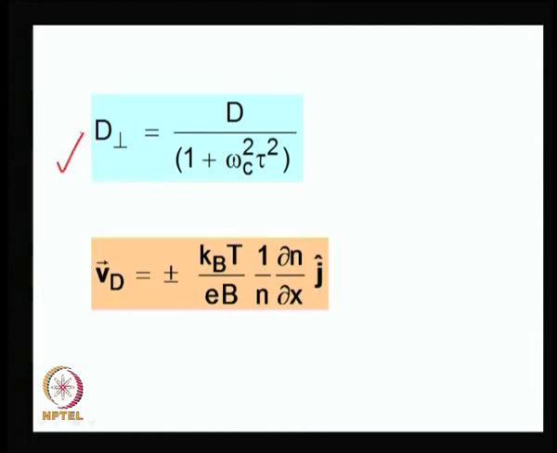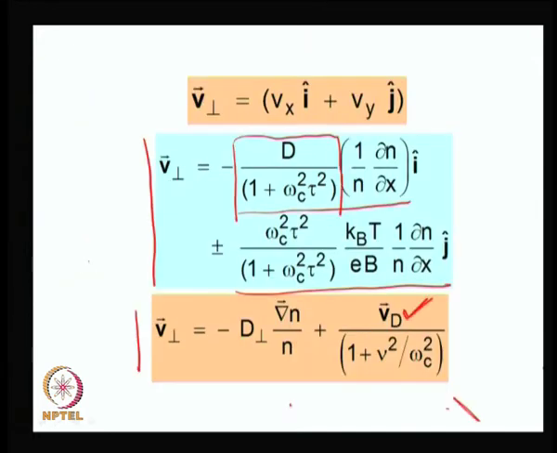D perp equal to D upon 1 plus omega c square tau square, and Vd equal to plus minus kBT upon EB, 1 upon n del n upon del x j cap.